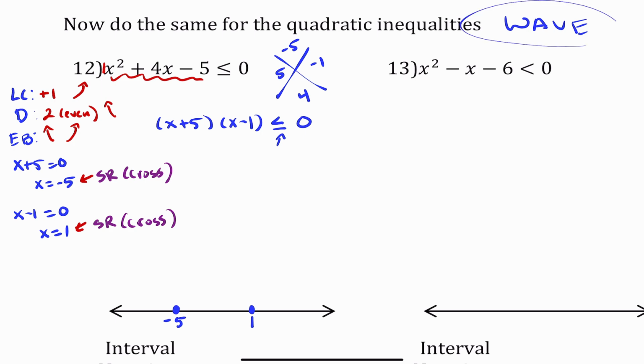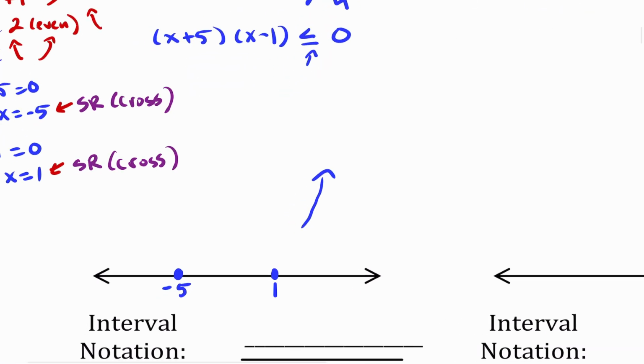Now with the wave rules, we always start on the right. But do I go top or bottom? Well, the leading coefficient says I'm going to be going top first on the right. So this is what I need to draw. Now I'm going to approach 1, and you have to remember, is 1 a single root or a double root?